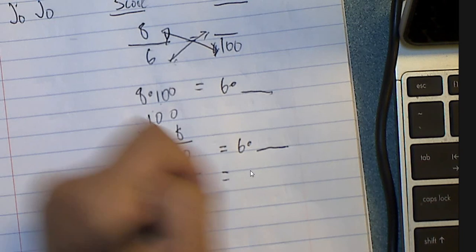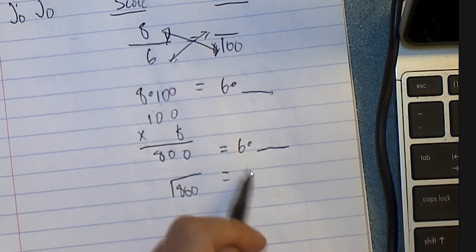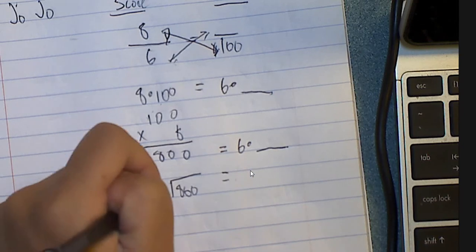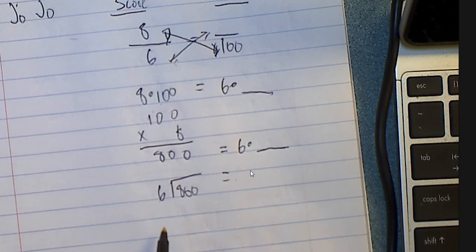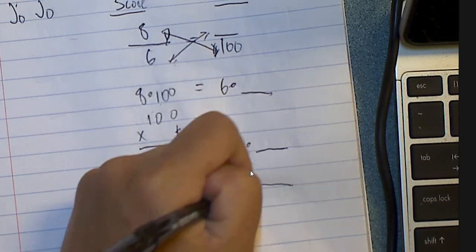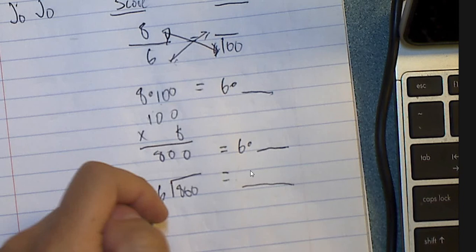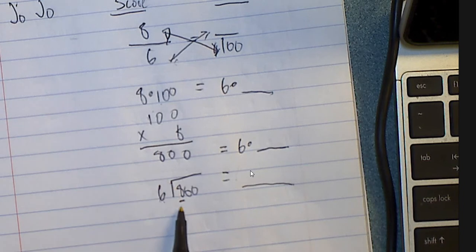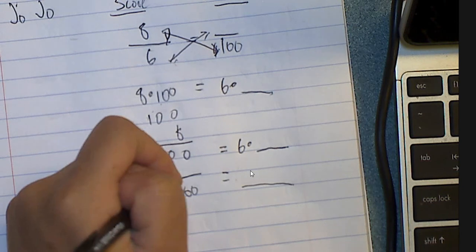Whatever is with the blank, whatever's being times by the variable, this has to go on the outside. So now I have this. 6, because it's one number long, I look at the first number of 800. 6 goes into 8 one time.